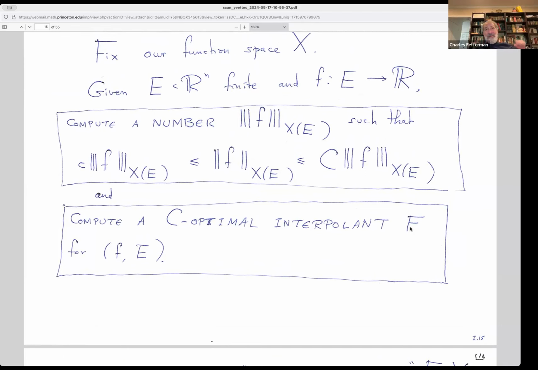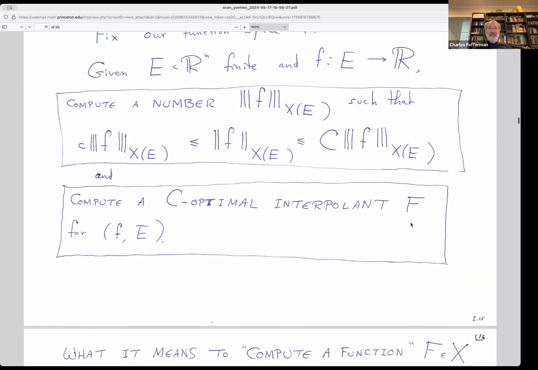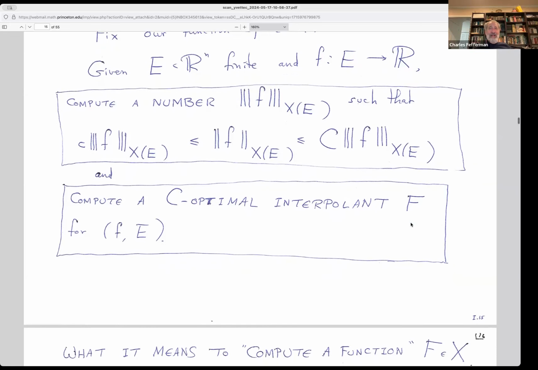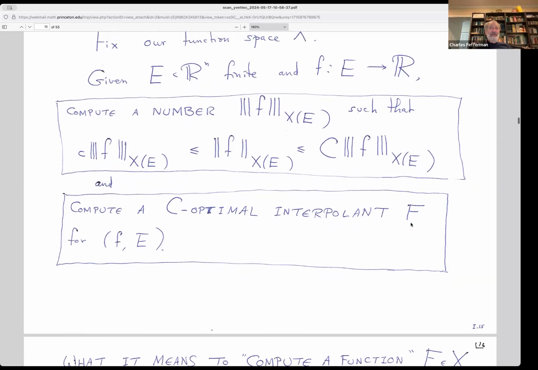Given more time and perhaps more interest on your part, I could discuss versions of these problems in which you assume finite precision arithmetic, but let's not do that. So that's what it means to compute.